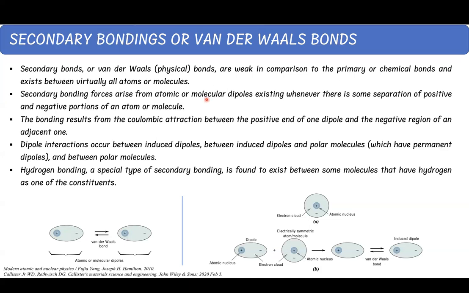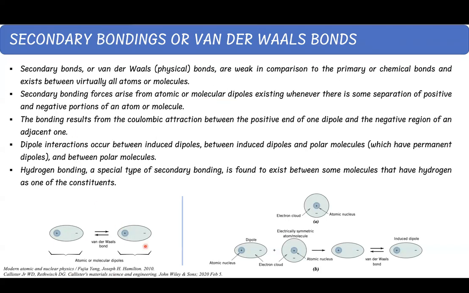And for example, hydrogen bonding is mostly found in molecules containing hydrogen as one constituent.